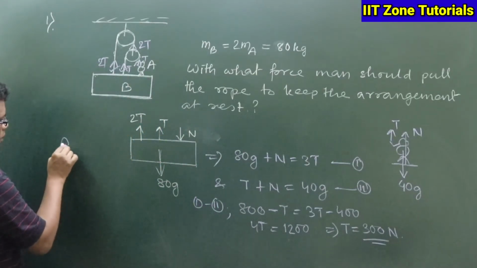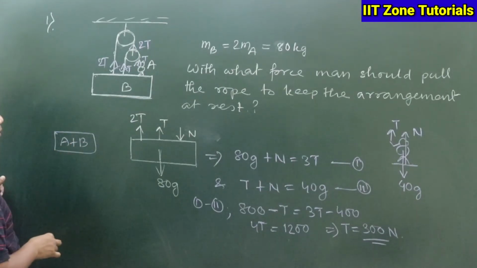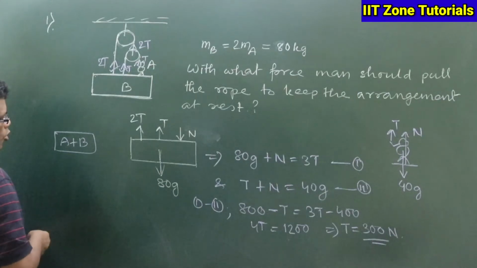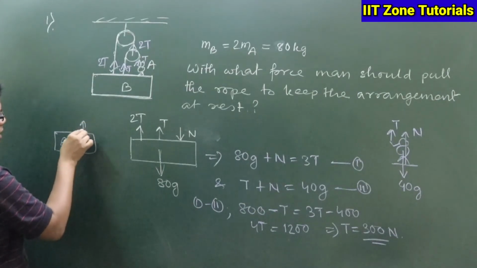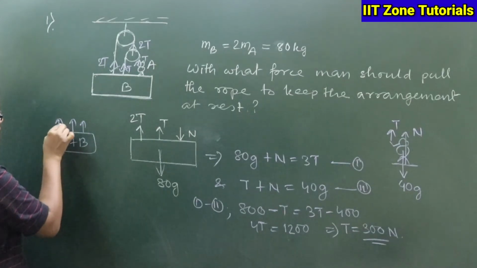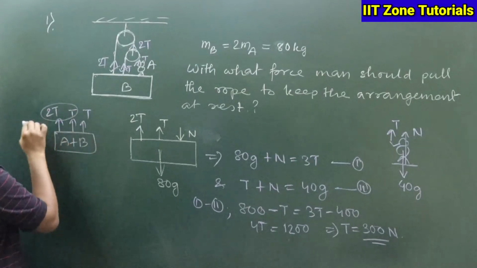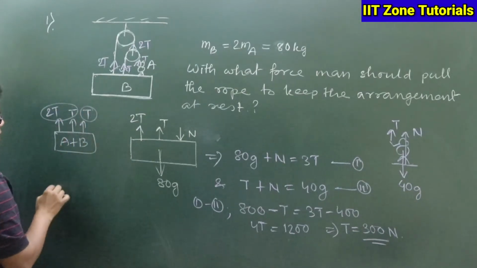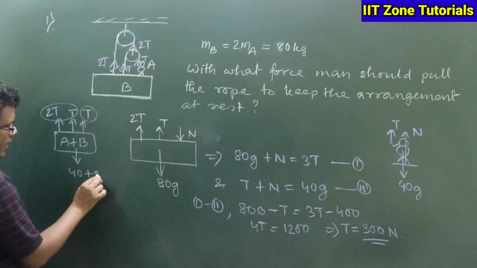So for A plus B, if I draw the FBD this way, the total forces on A and B together will be 2T, T and T. These two are acting on B upward, this is on A upward, and the weight will be 40 plus 80 g.